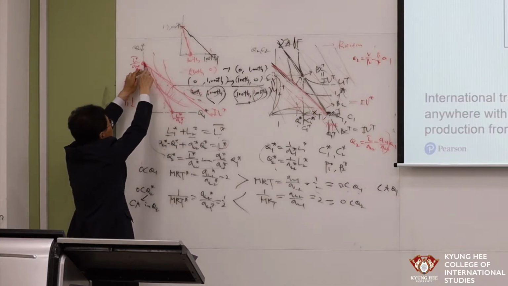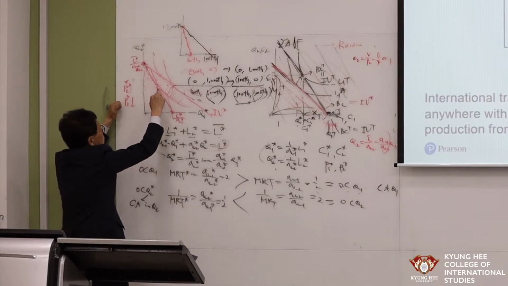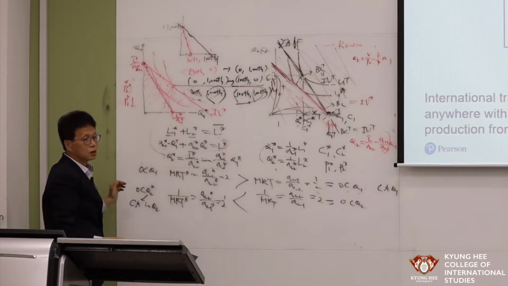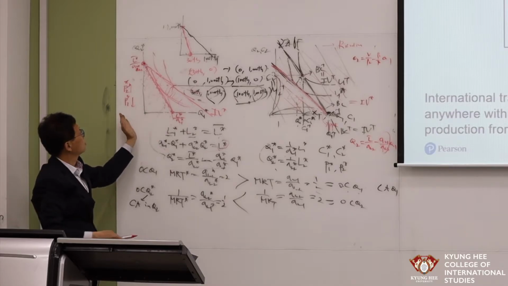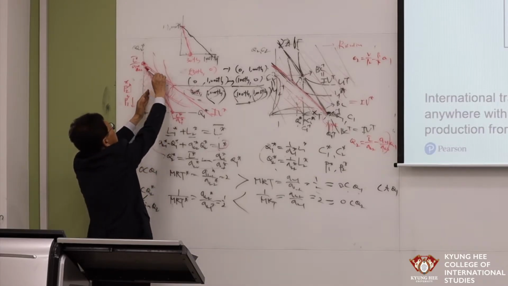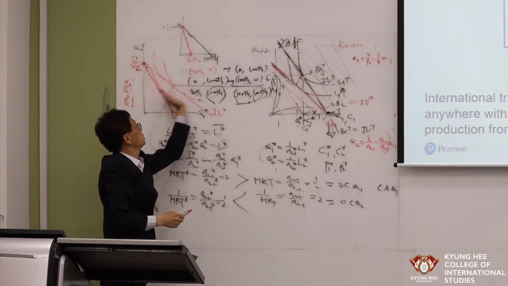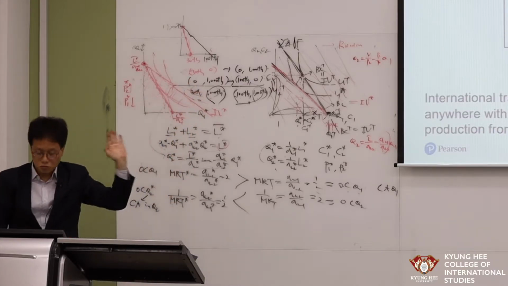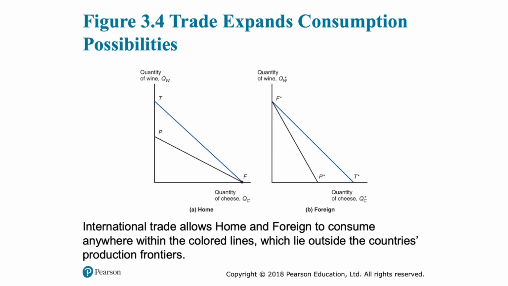In the autarky situation, production should be at one point here, and consumption should be at one point here. But now the budget line rotates to the right. So consumption possibility expands, and we consume more than before. Production capability in home and foreign is the same because there is no change in the production possibility frontier.